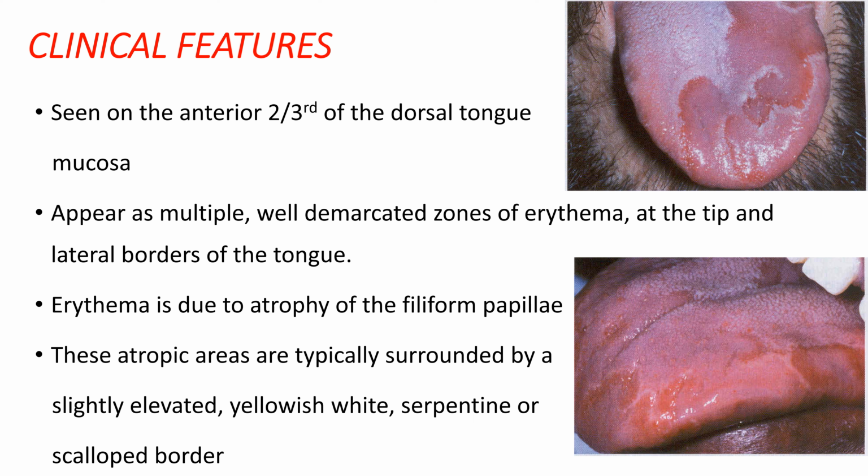The first picture shows the geographic areas on the dorsal surface of the tongue. In the second picture you can see atrophic areas on the lateral border of the tongue. This erythema is due to atrophy of the filiform papillae, and these atrophic areas are typically surrounded by a slightly elevated yellowish white serpentine or scalloped border.